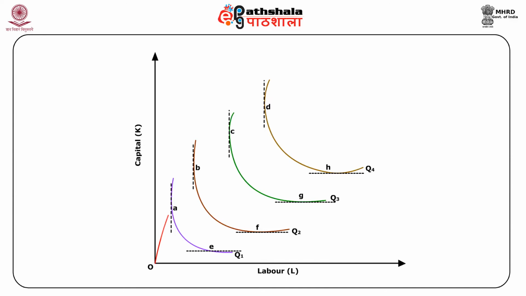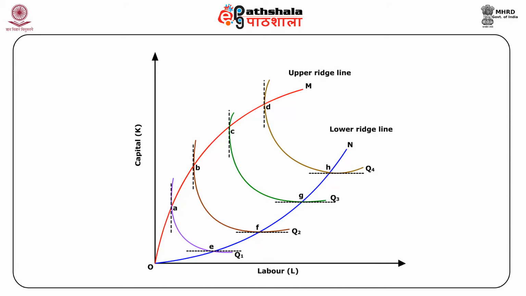When we join points A, B, C, D, we get an upper ridge line OM, and when we join points E, F, G, H, then we get a lower ridge line ON. The upper ridge line shows that the marginal productivity of capital is 0 on OM, whereas the lower ridge line shows that the marginal productivity of labor is 0 on ON.